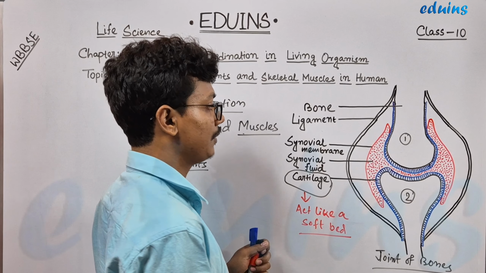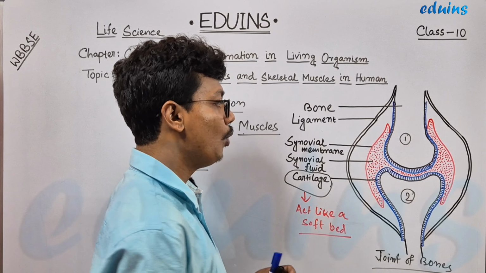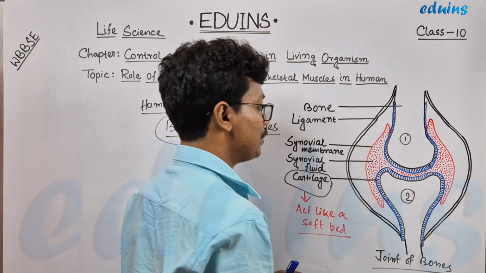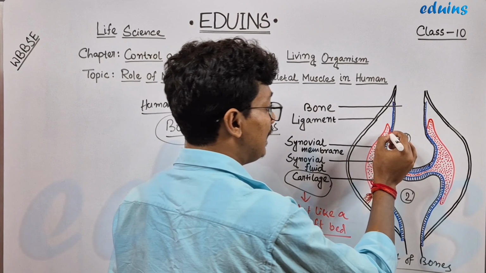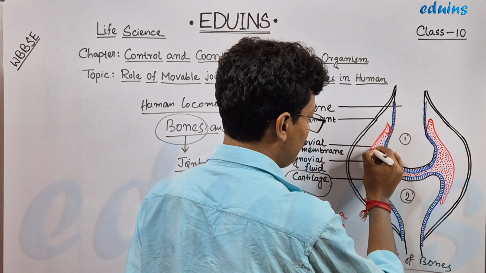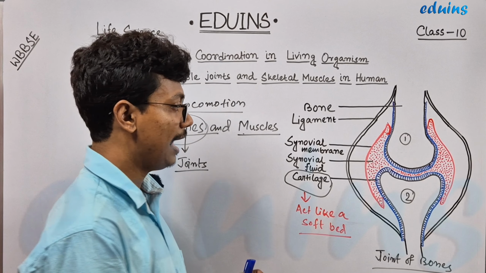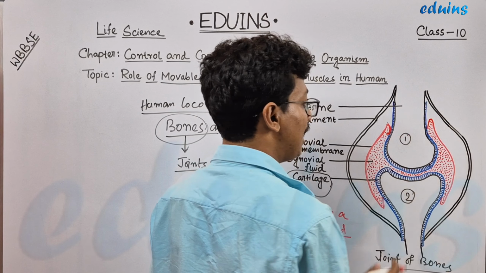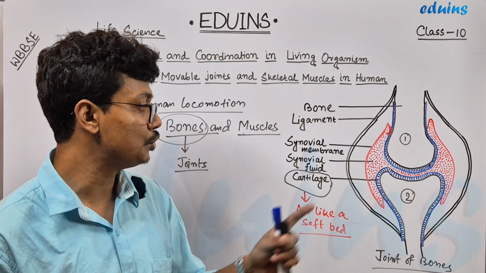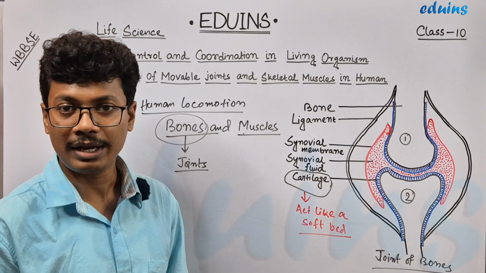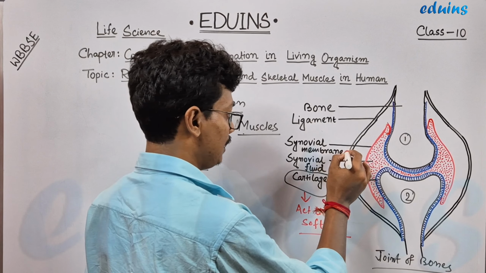Secondly, the two bones are primarily joined with a layer called the synovial layer, and this synovial layer and the junction between two bones are filled with a special fluid which is known as synovial fluid.